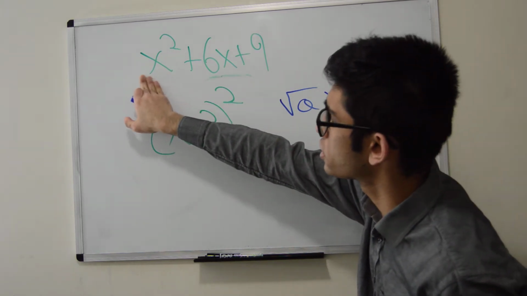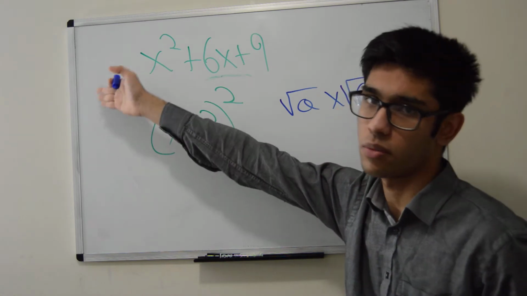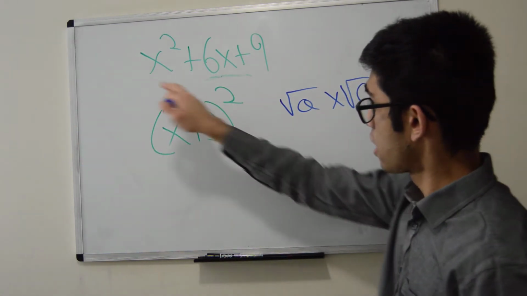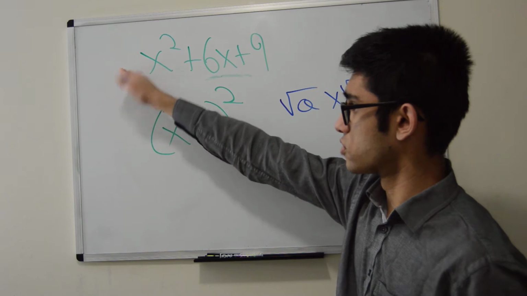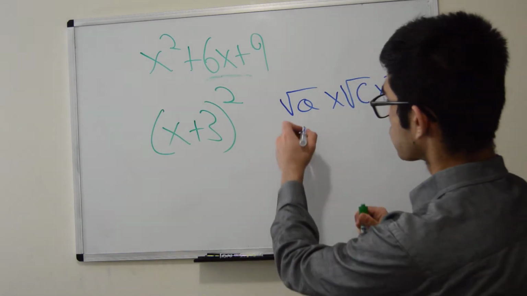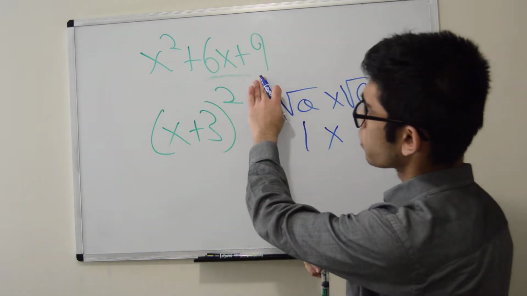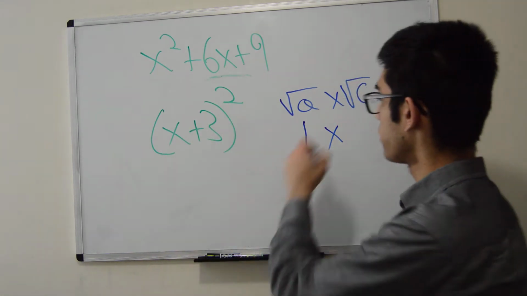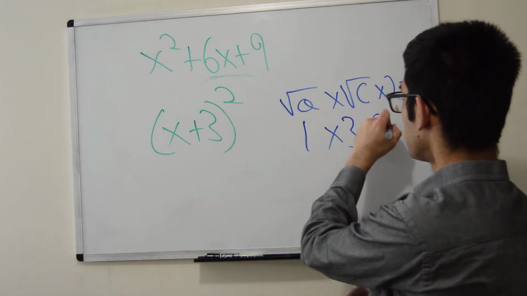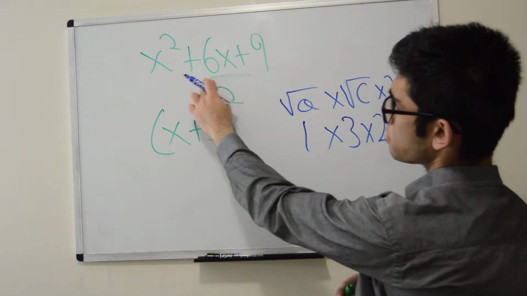What's the coefficient in front of the x squared? Well, that's just a 1, we don't write that. So the square root of a is 1, times the square root of c, the square root of 9, which is 3, multiplied by 2 has to equal b. So what's b here? 6.